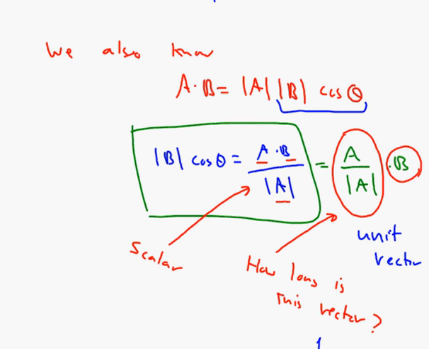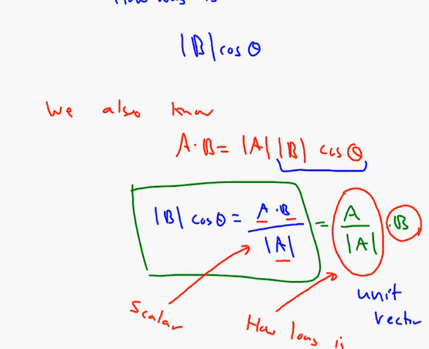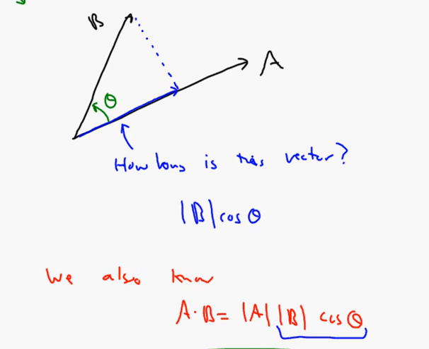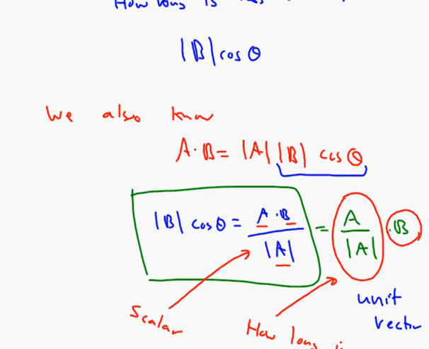And I'm not surprised by that at all, because we were asking originally how long is the vector right here, this vector that is sort of like the component of B. It's called the component of B along A. And so far we've found that the length of that could be expressed by this expression, A dot B over the norm of A.